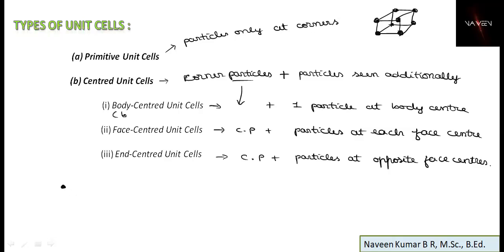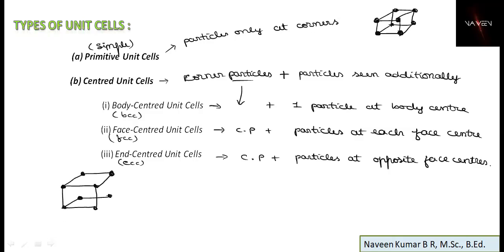BCC, FCC, ECC, end-centered cubic system. So if we consider the body-centered cubic system, first we'll write a simple primitive unit cell. Primitive unit cell is also called a simple unit cell. So simple or primitive unit cell is the one which is having the particles only at the corners.